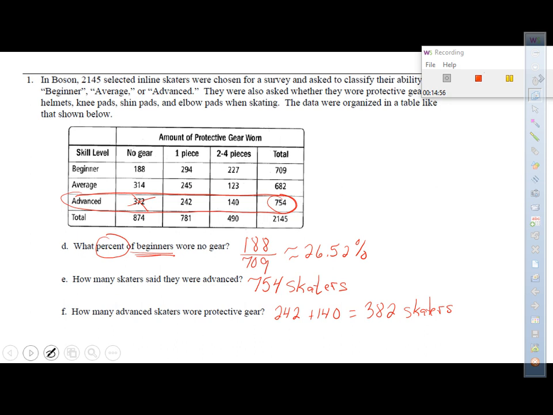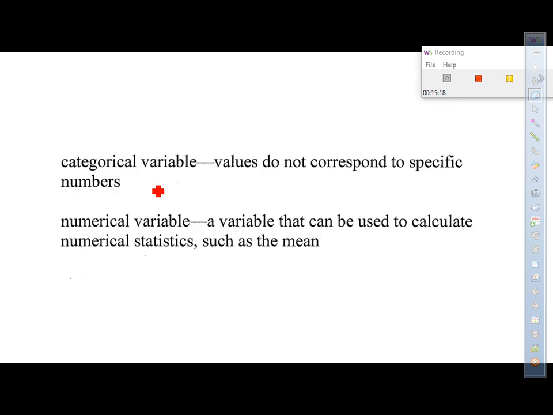Now, I'm going to switch back. If you would, go back to your definitions. I'm going to slide you the last two definitions. I need to define for you what a categorical variable is and a numerical variable is. A categorical variable, their values do not correspond to specific numbers.